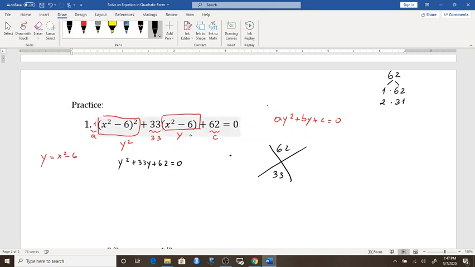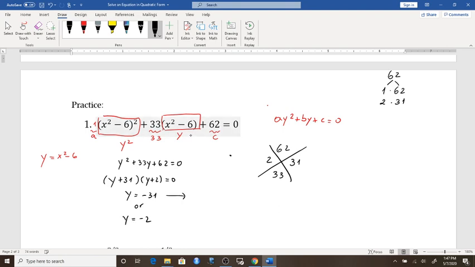And notice how 2 times 31 is 62, and the sum of these two numbers is 33. So 2 and 31 will work, which means I can rewrite this as y plus 31 times y plus 2 equal to 0. The solutions are y equal to negative 31 or y equal to negative 2.